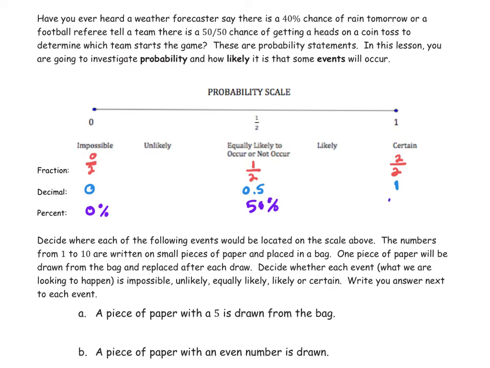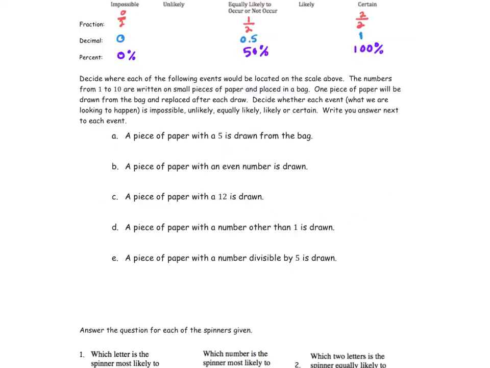And certain would be 100% chance that this would occur. So as you look at this, you can see there'll be in-between numbers. Our percent would be somewhere, if it's unlikely, between 0 and 50%. Likely would be above 50%, but not quite 100.